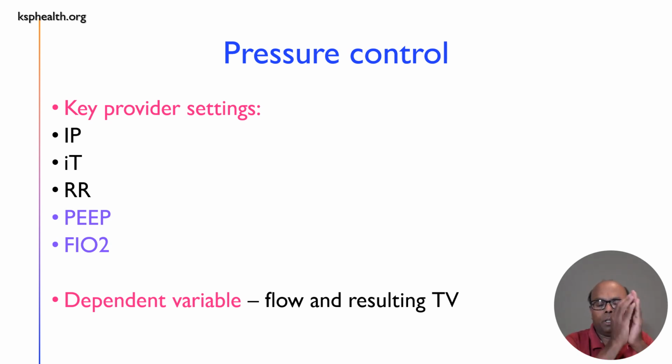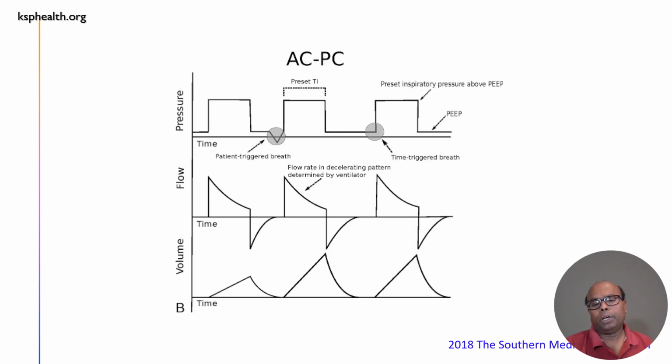As we discussed earlier, whenever you fix the preset pressure, the delivered tidal volume changes based on the resistance and compliance of the lung. As you can see, this is an assist control mode. That means certain breaths are spontaneous, meaning patient triggered. Some breaths are ventilator delivered breaths. When the patient triggers a breath, the preset pressure is delivered.